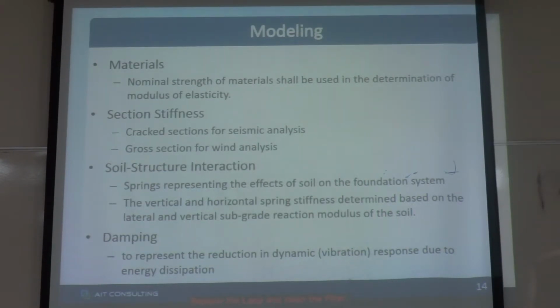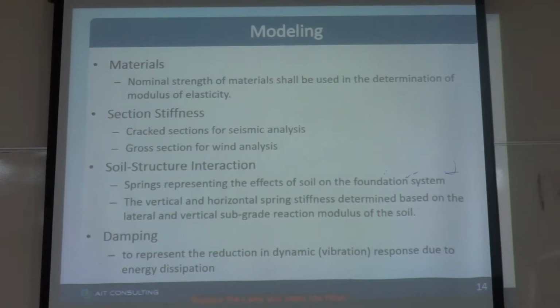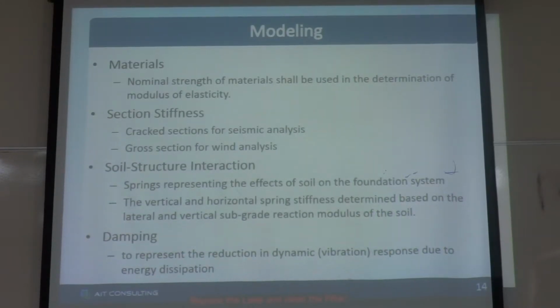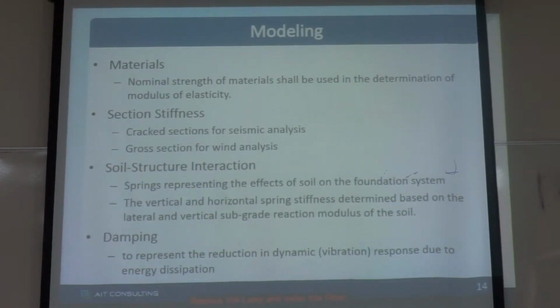Normally we use the gross cross section in the wind and gravity load analysis, and for the seismic analysis we use the cracked section. We reduce the moment of inertia or shear stiffness of the members to consider the redistribution of the forces during the earthquake.